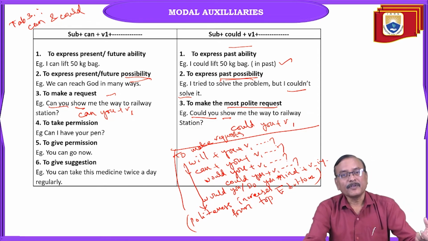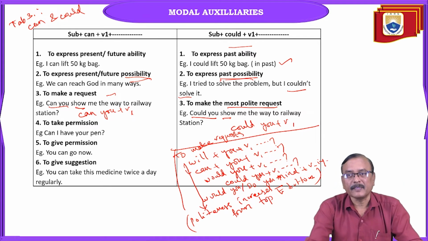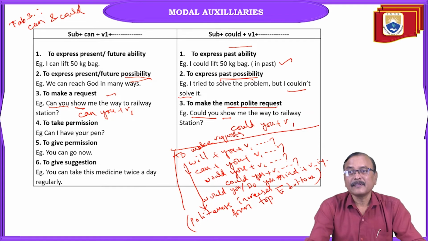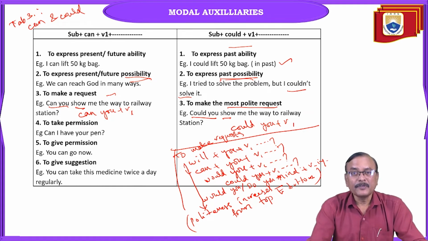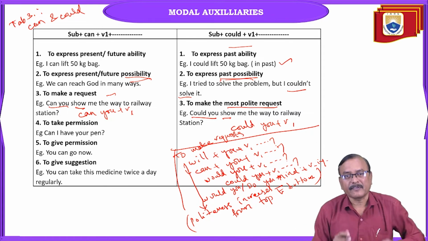Next, can you give me your pen? It is just polite. Would you give me your pen? More polite. Could you give me your pen? It is most polite. Is it clear? So we can use will you, can you, would you, could you, would you mind to make requests.